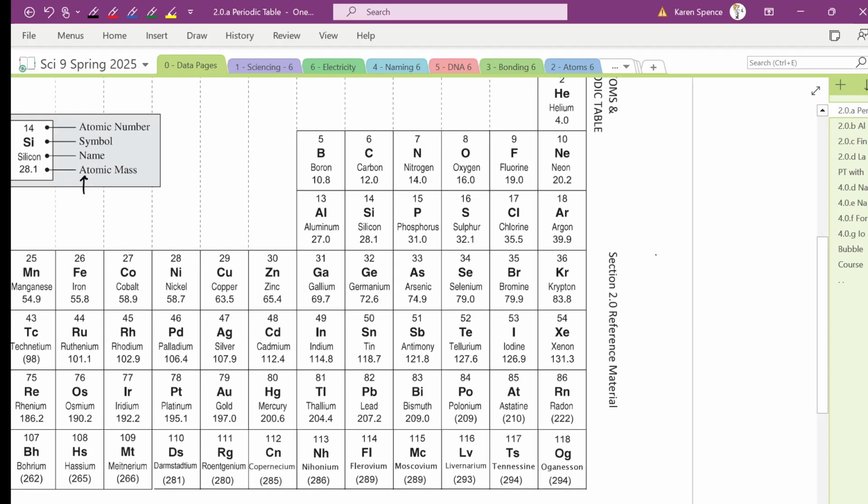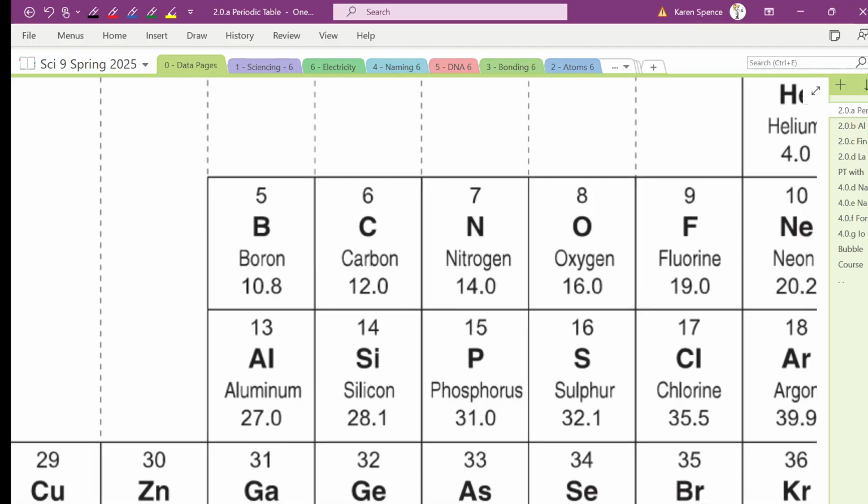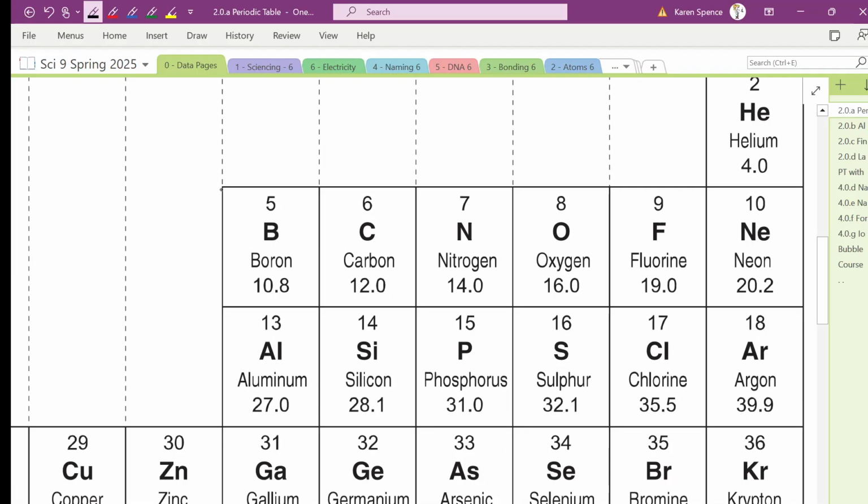You are going to start at the top left corner of boron, and you're going to draw down. If it doesn't look dark enough, you can scribble up and down a little bit until you get a nice thick line.